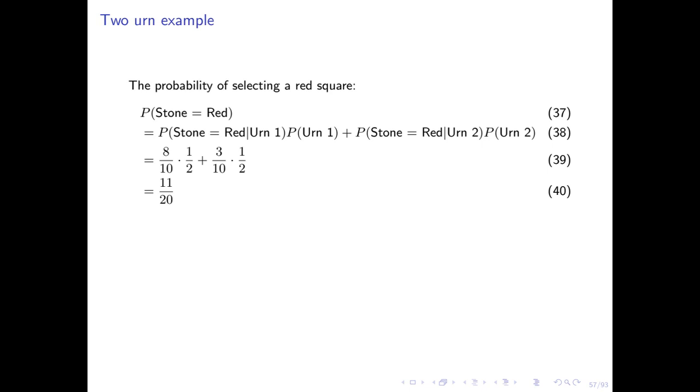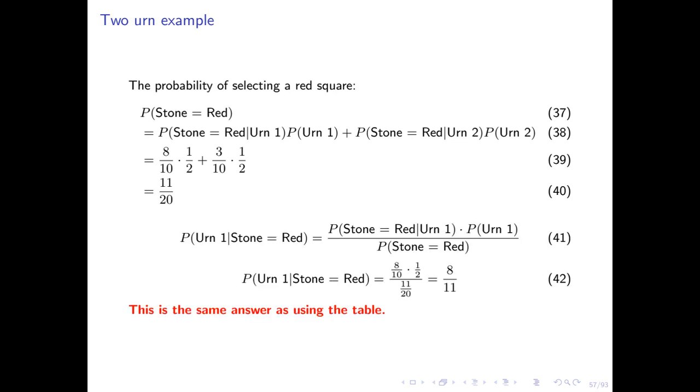The probability that the stone is red, given we've selected urn 1, times the probability that we've selected urn 1, plus the probability of the stone being red if we selected urn 2, times the probability of selecting urn 2. So that's the probability of selecting a red stone. And if we plug in the numbers, it's 11/20. It again matches our previous intuitive calculation.